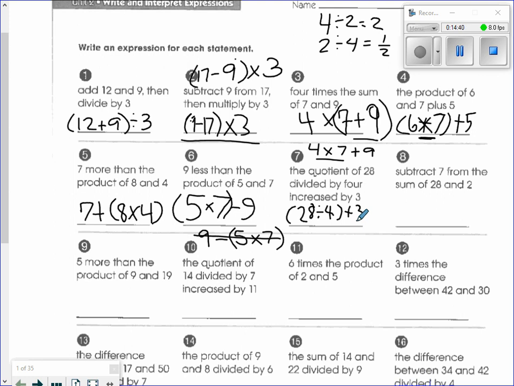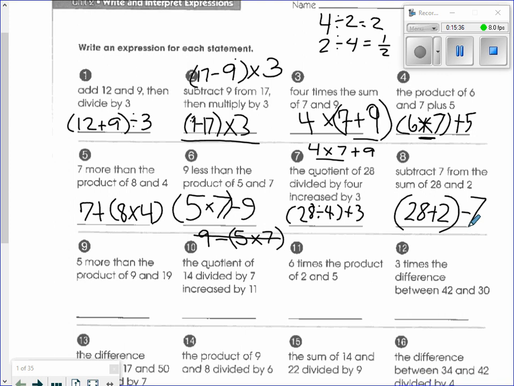Subtract 7 from the sum of 28 and 2. Subtract 7 from, which means 7 should go in the back. 7 from the sum of 28 and 2.